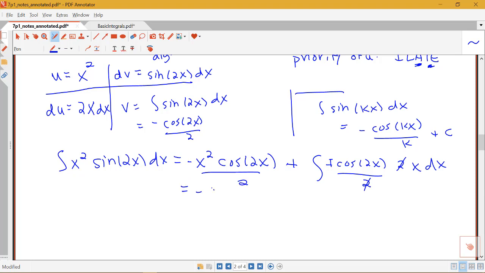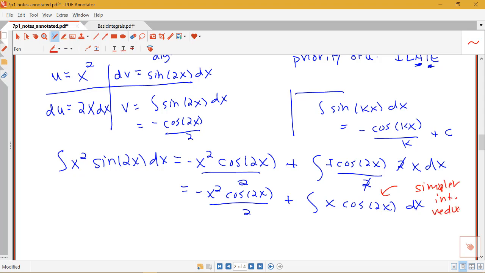So we're looking at negative x squared cosine 2x over 2 plus an integral of x cosine 2x dx. Notice from what we started with, initially we had this x squared times sine of 2x. Now the integral part is just a single x times cosine of 2x. So we have a simpler integral now.